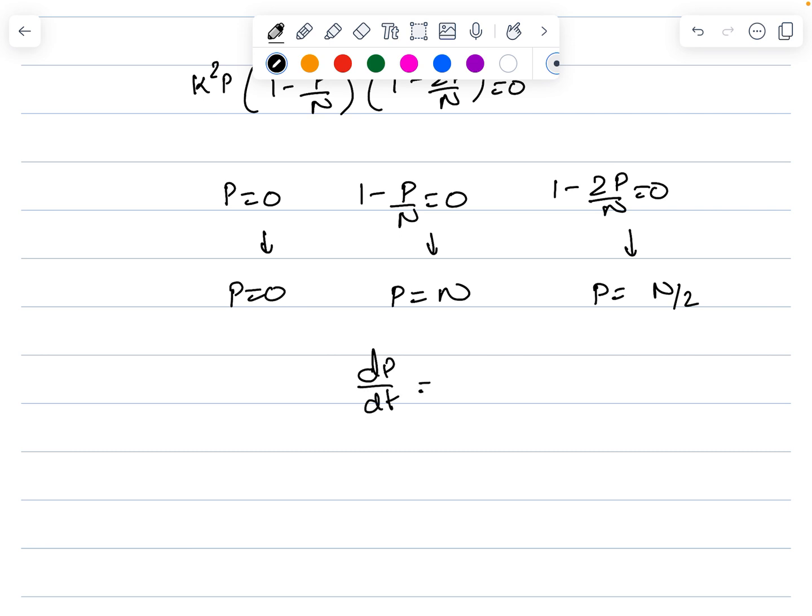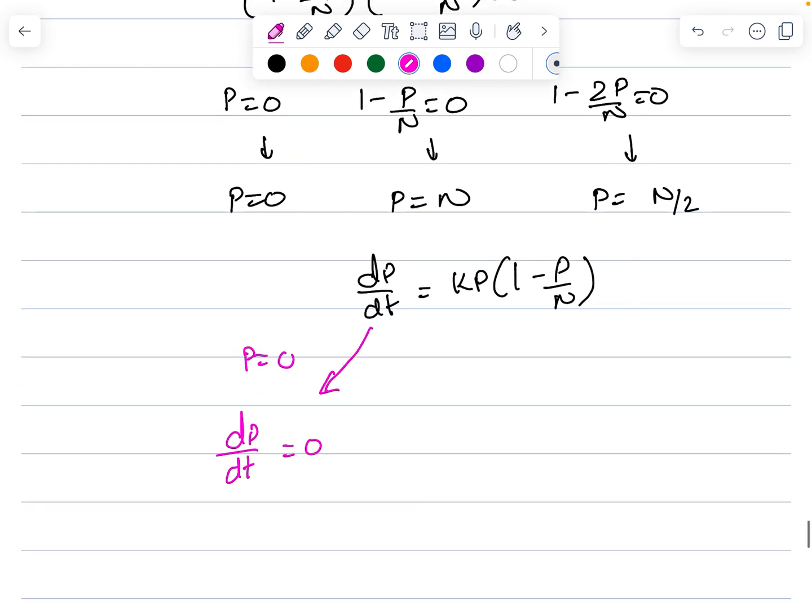What is that? So let us do 1 minus p upon n. If p equals 0, dp upon dt will become 0. But I want the maximum value. So this is rejected. Now if p equals n, dp upon dt will become kn times 1 minus n upon n. This again becomes 0. So therefore this is rejected.